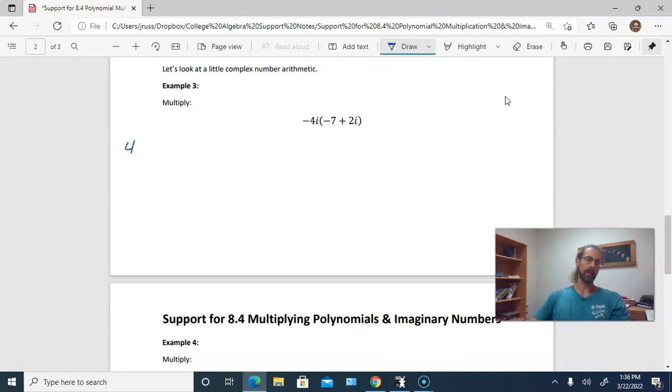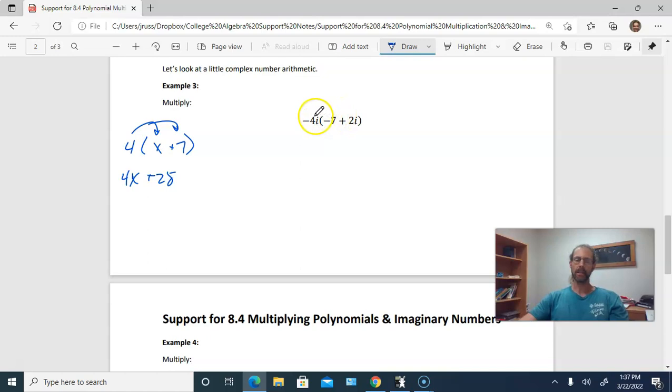If I had 4 times x plus 7, to multiply these we have to distribute, and we get 4x plus 28. That's how we're going to approach multiplying these complex numbers. In fact, that's how we're going to start this first one.